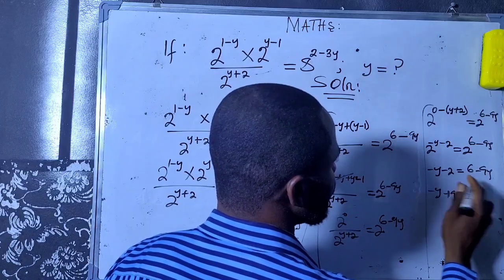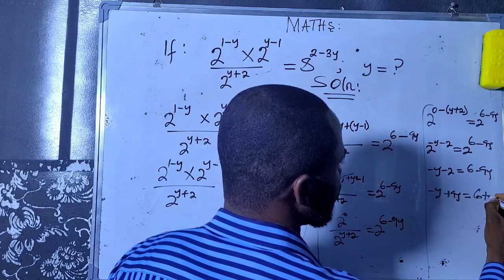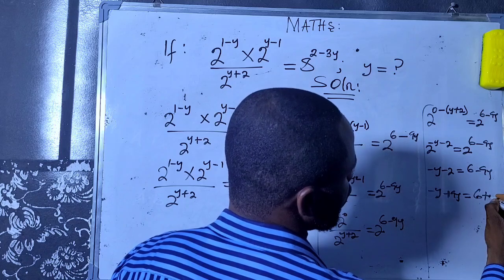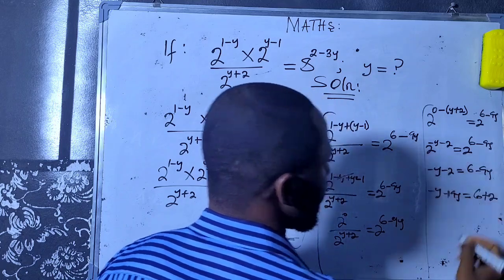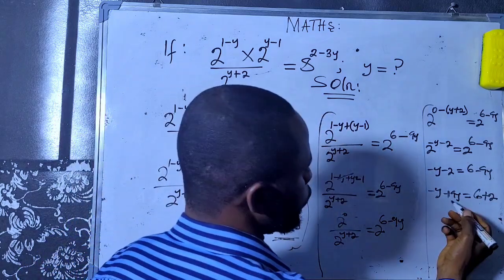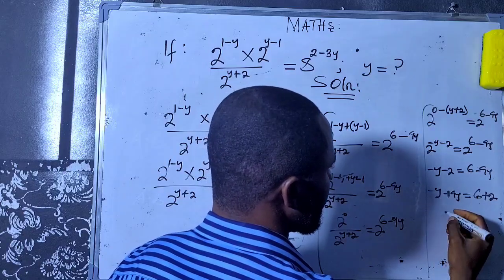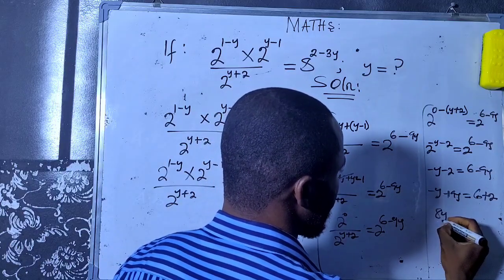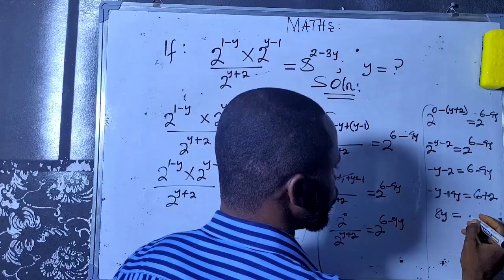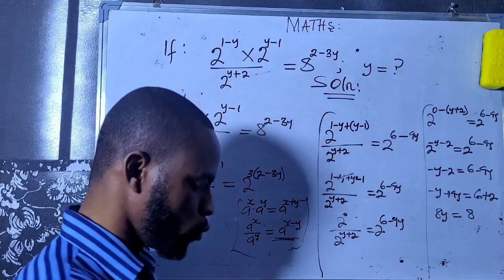Then 6 stays on the right, and if you move negative 2 from the left, it becomes plus 2. Then we have minus y plus 9y, which gives us 8y, equals 6 plus 2, which gives us 8 as well.